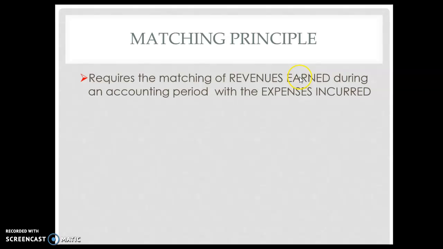So that should be recorded in the journals and posted to the ledger as revenue for May, even though we didn't get the cash. So we would debit accounts receivable and credit sales or mowing fees earned in May. Then in June, when we actually received the cash, we would debit cash and credit accounts receivable. But the revenue would be recorded when we earned it.